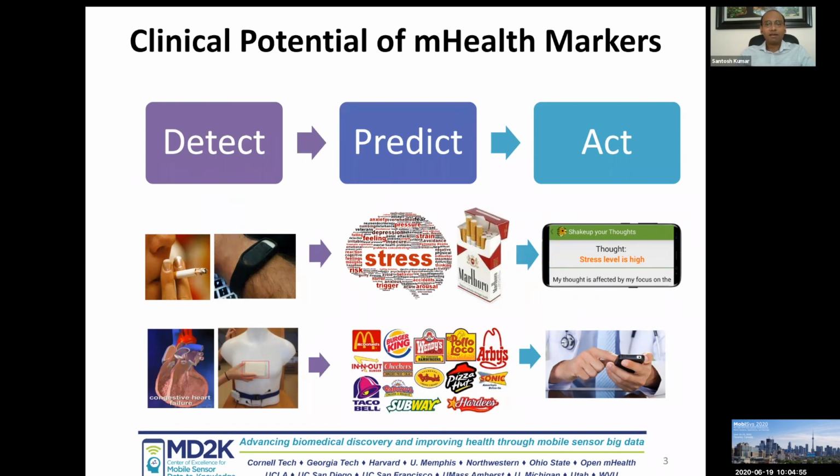And once we have a reliable, robust prediction that works in the natural field environment, or even when we have a reliable detection, we can use either of these two to launch a just-in-time intervention meant to help people keep their health and maintain wellness.